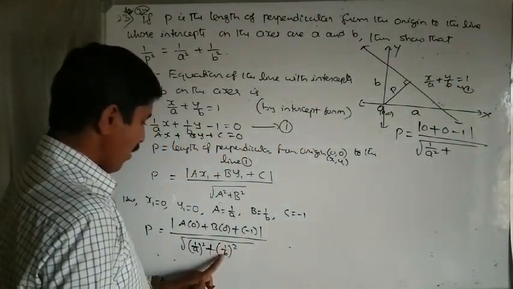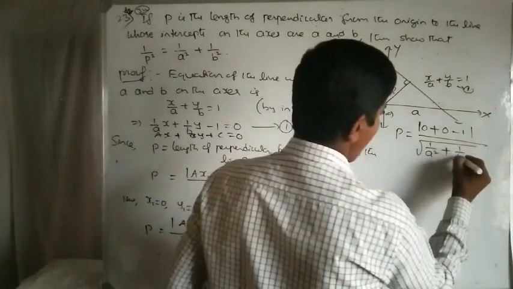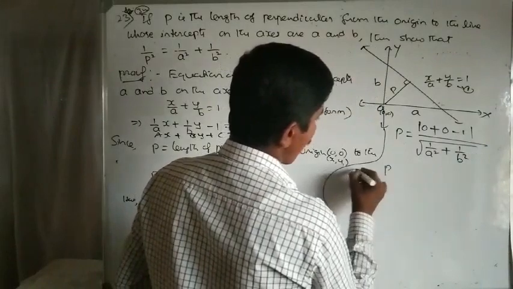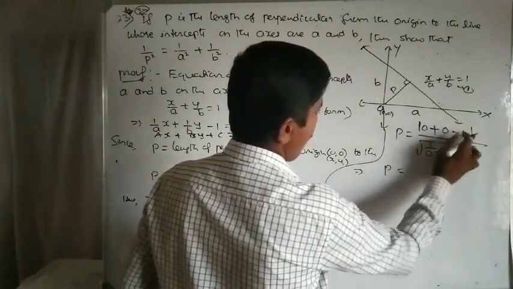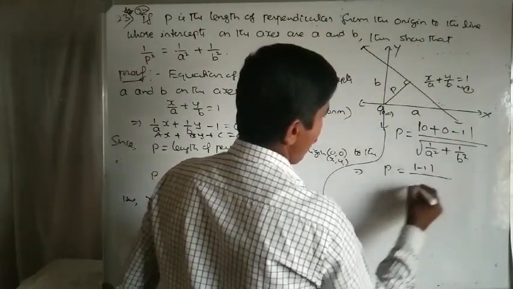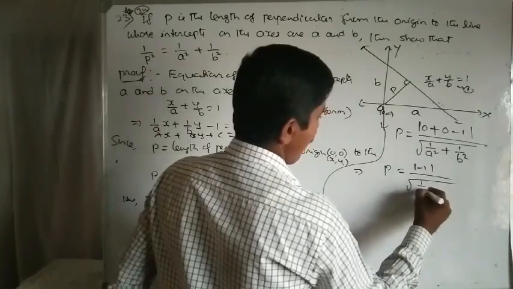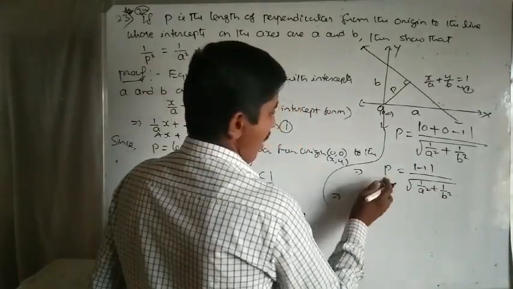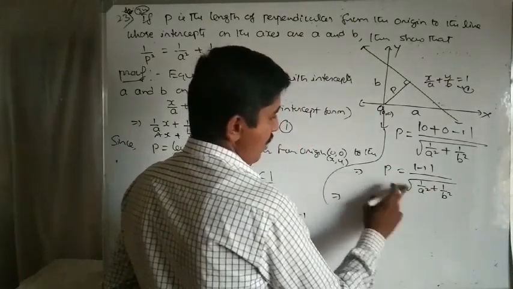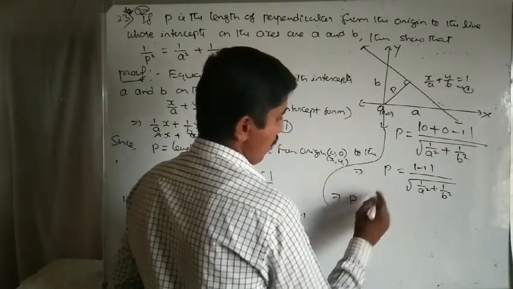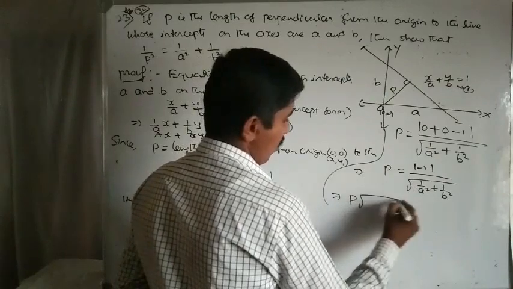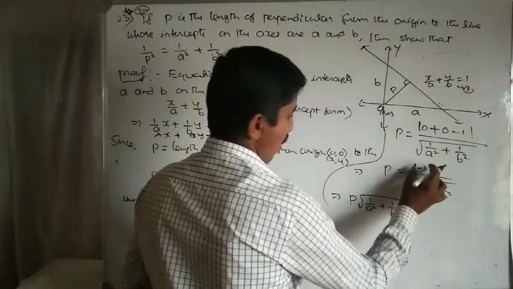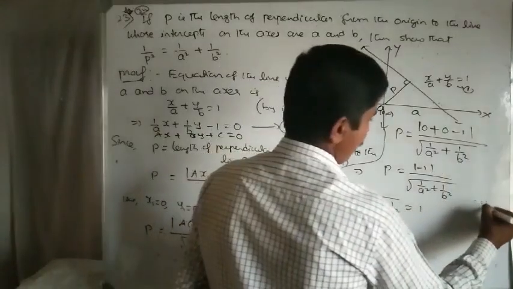So p is equal to the modulus of minus 1 divided by root of 1 by a square plus 1 by b square. By taking cross multiplication, p into root of 1 by a square plus 1 by b square is equal to the modulus of minus 1, which is plus 1.